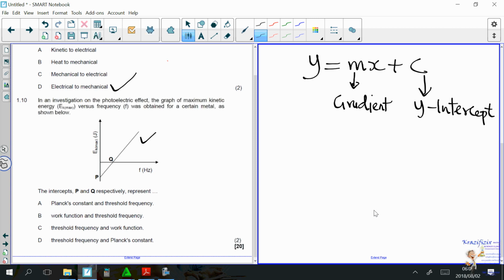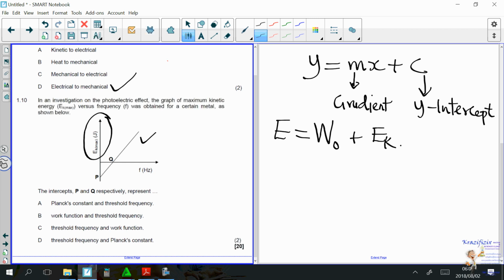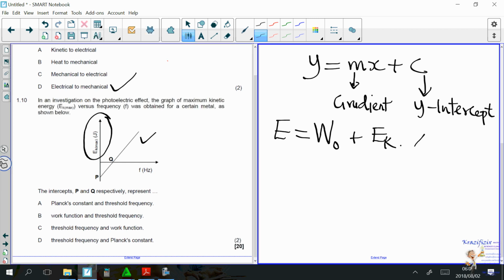Now, what is the formula? This is photoelectric effect. The formula that needs to come to your mind is E. Go to your formula page, you'll get this. Work function plus kinetic what? Energy. Okay, let's check something. Kinetic energy is on my y. I need to rearrange this equation to look like this.